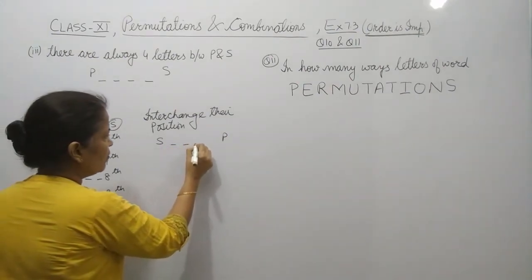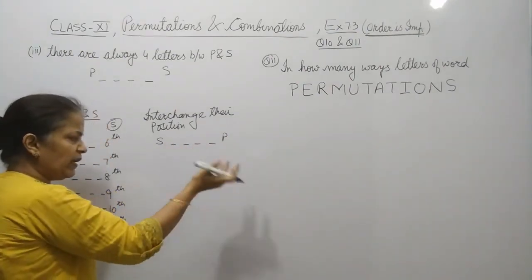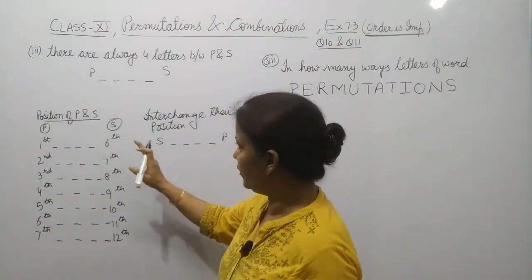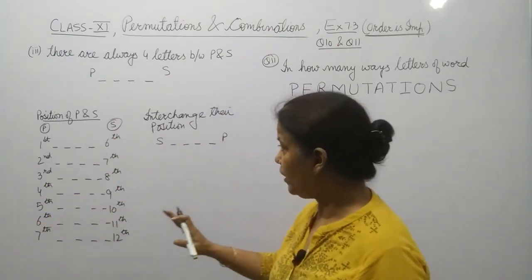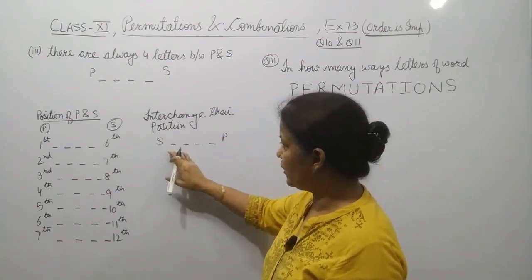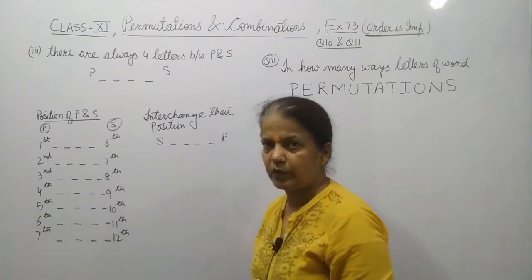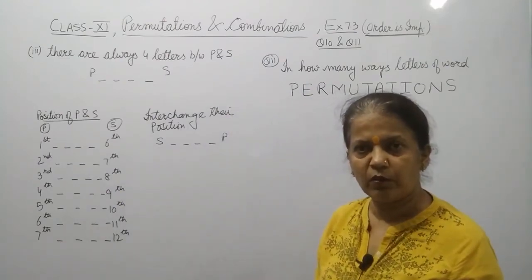It's not mentioned that P will always come first. Between S and P again there are 4 letters, so it will go in reverse order, and we will get 7 more.